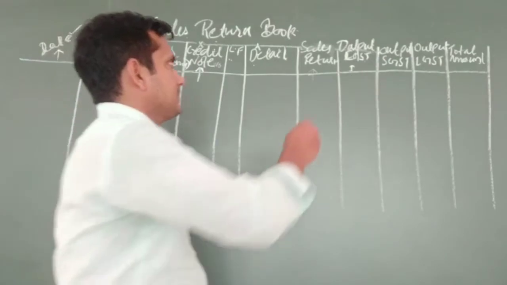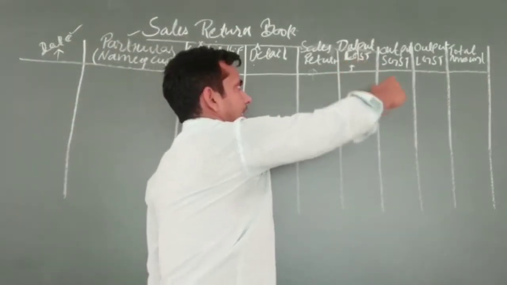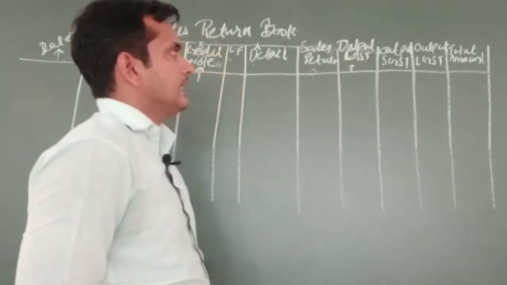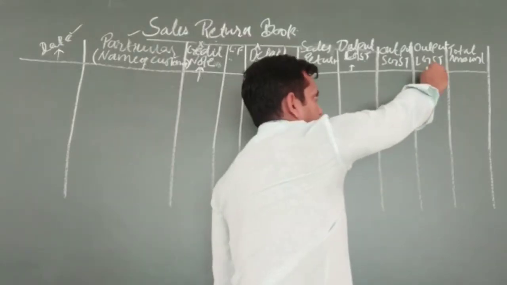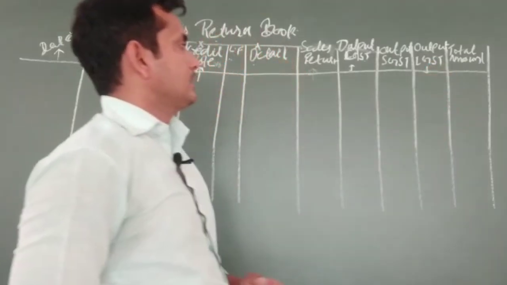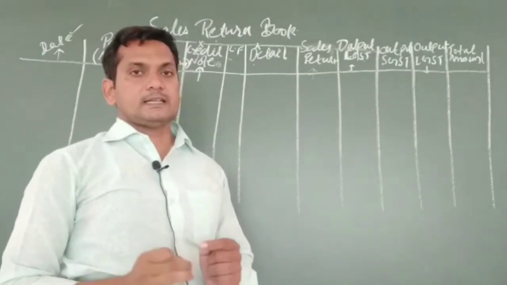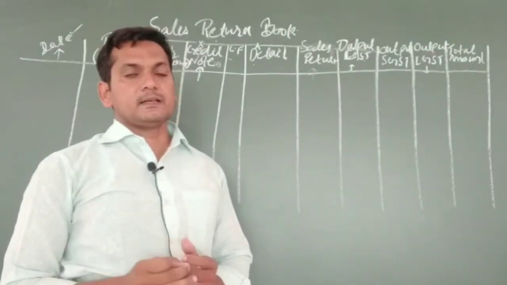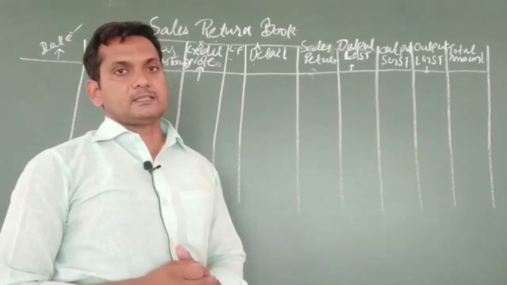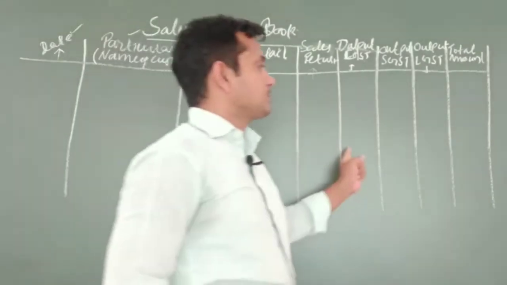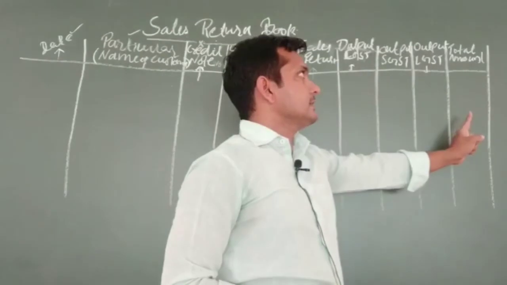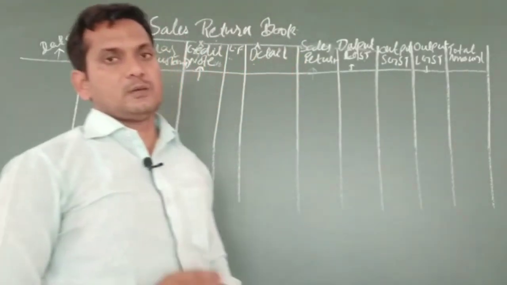So we have to write here output CGST, and then output SGST, and then output IGST. I think you have noticed when output CGST and output SGST will be applied and when output IGST will be applied. Then after that, you have to write the total amount in the last column, that is the total amount column.